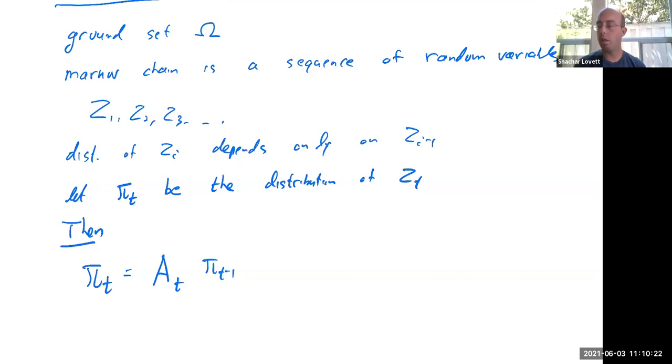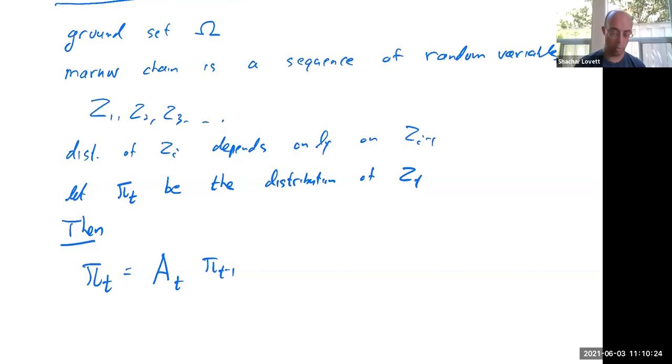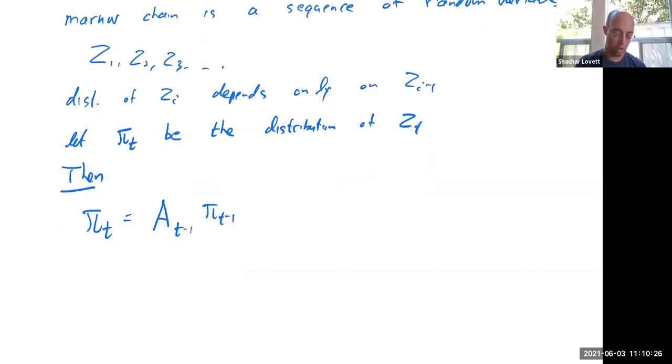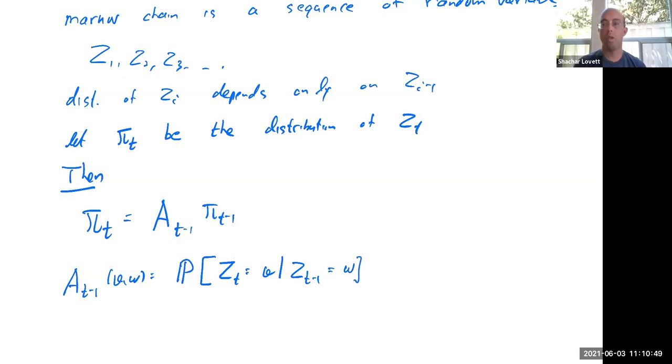So A t is the transition probability. I think here we call it A t minus 1 in the notes. Let's call this entry VW, it is basically the transition probability, the probability that Zt equals v conditioned on Zt minus 1 equals w. And basically, by multiplying with this matrix, we get the probability for the next step.